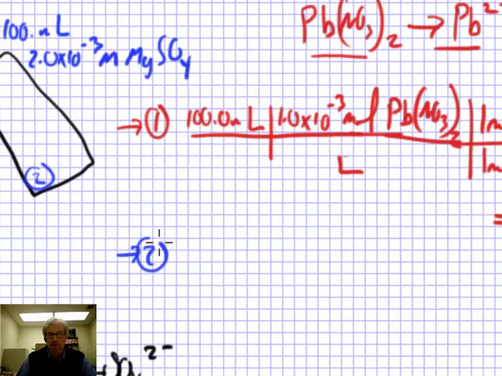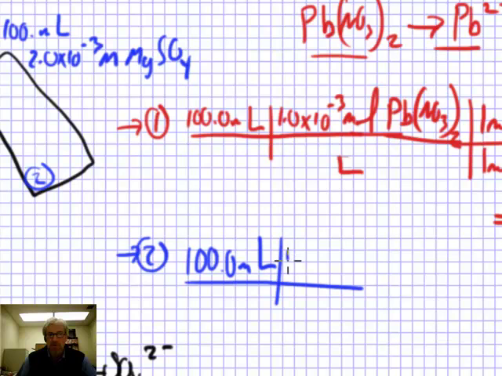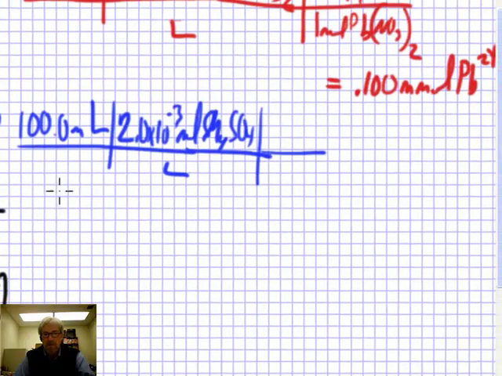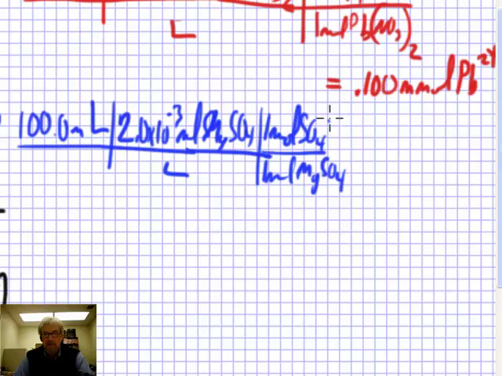Now our sulfate comes from beaker number 2. What do we have there? Well, again, we have 100 milliliters, but the concentration is different. We have 2.0 times 10 to the negative third moles of magnesium sulfate per liter. And every 1 mole of magnesium sulfate is going to provide us with 1 mole of sulfate ions, because the stoichiometry is going to be 1-to-1 there too.